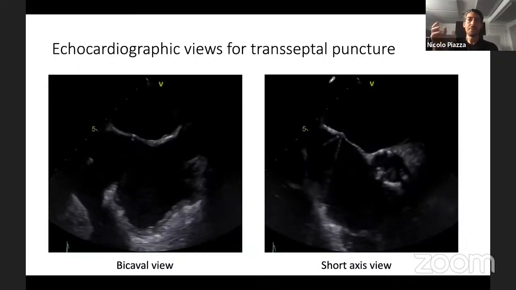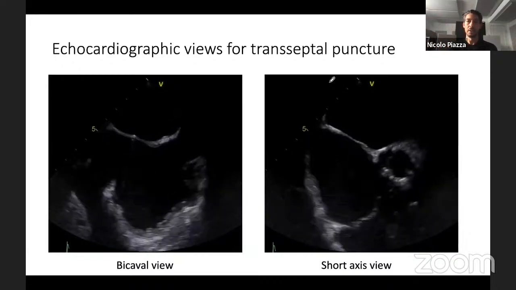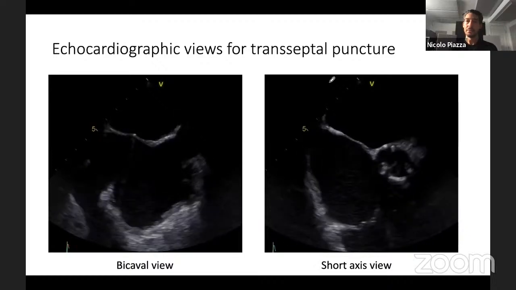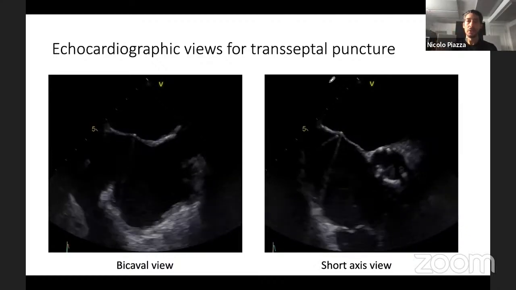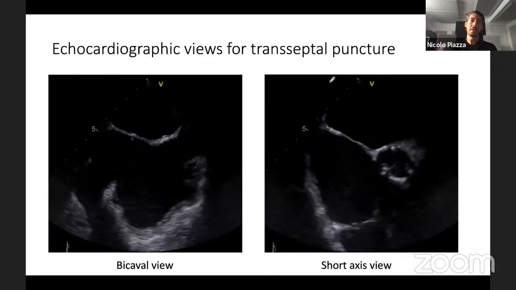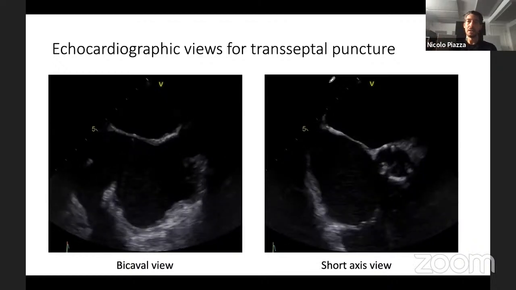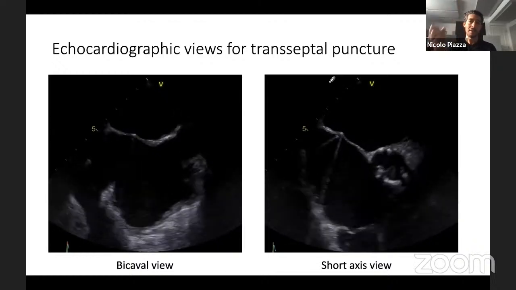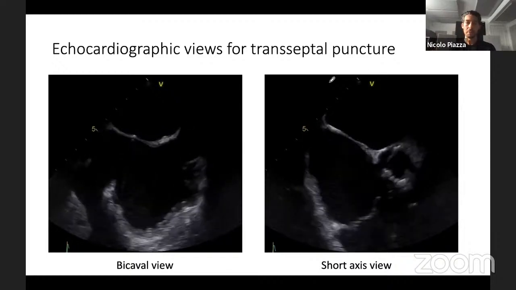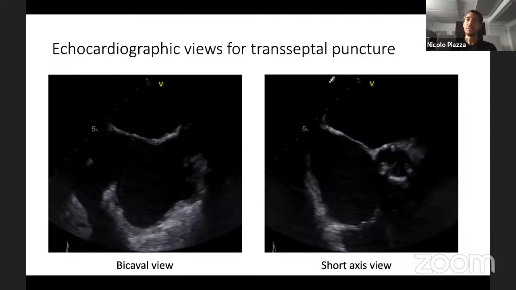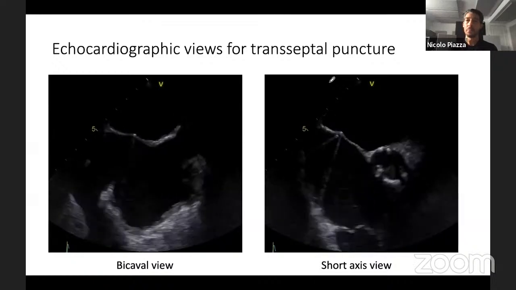Is it the lateral commissure of the mitral valve? Is it the left atrial appendage? Are you trying to hover in the middle of the mitral valve? Are you trying to get height on the mitral valve, or are you trying to be shallow from the mitral valve? And so all of these questions become very important.